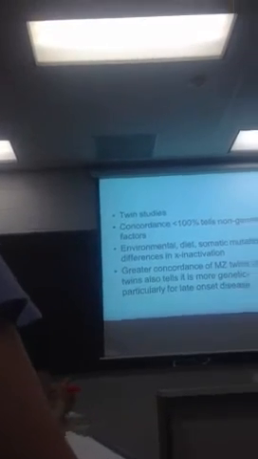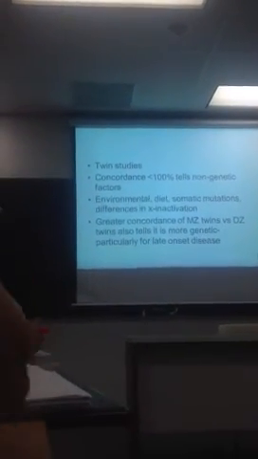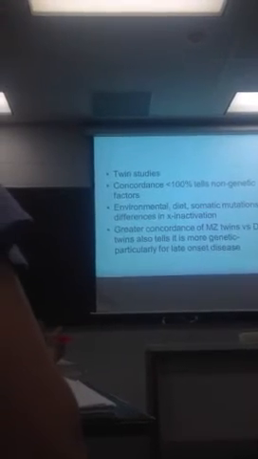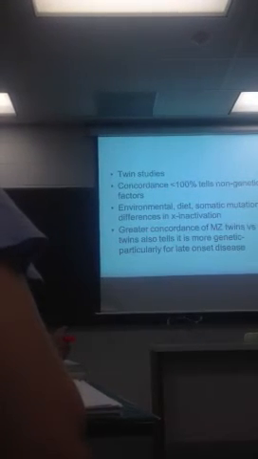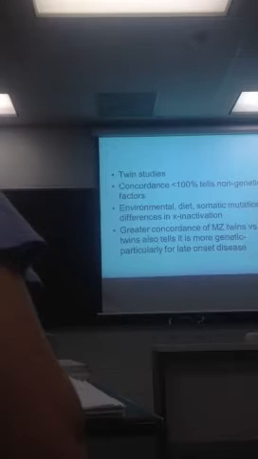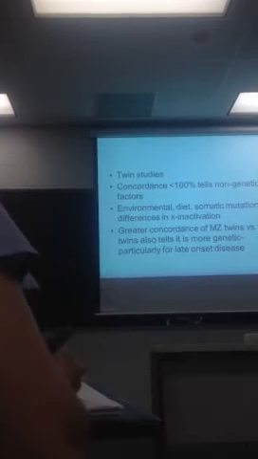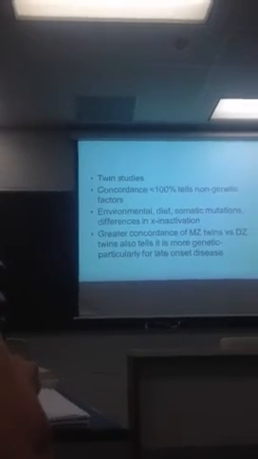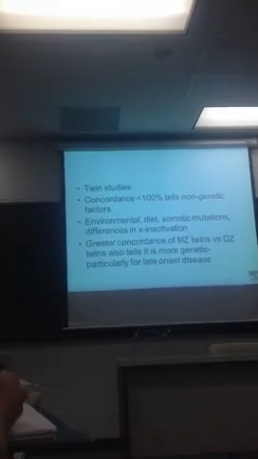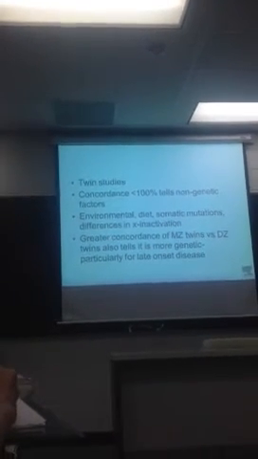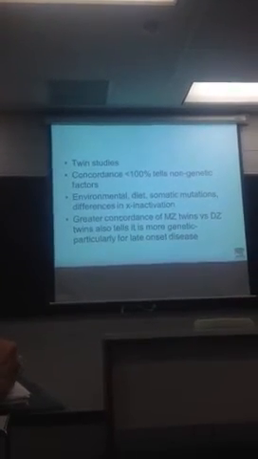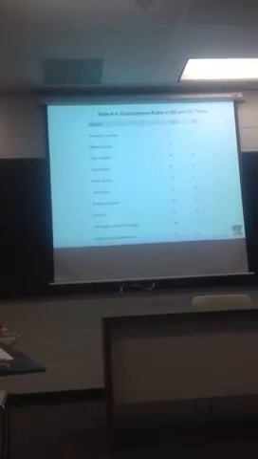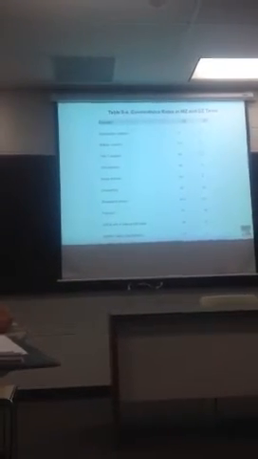So if it is 90%, obviously 90% is genetic, but 10% is environmental. Do you get that? So in general, all monozygotic twins will have a greater concordance than dizygotic twins. So if you study both kinds, it is easier for you to point out whether it is more genetic or more environmental. Here is a table which studies a number of disorders.